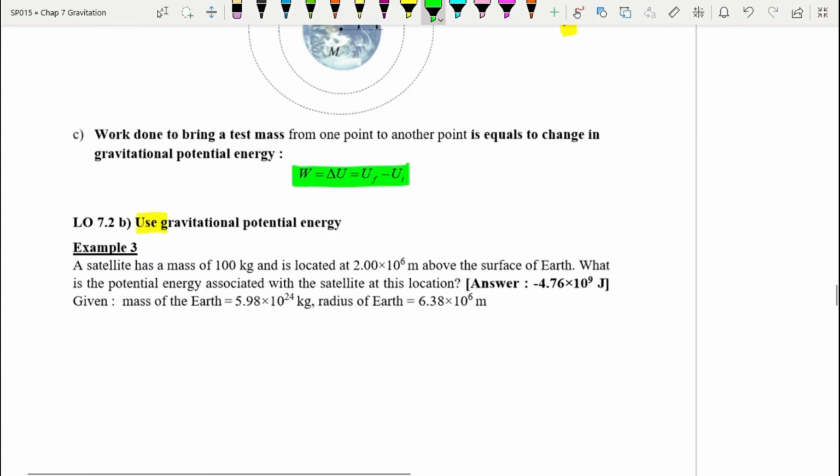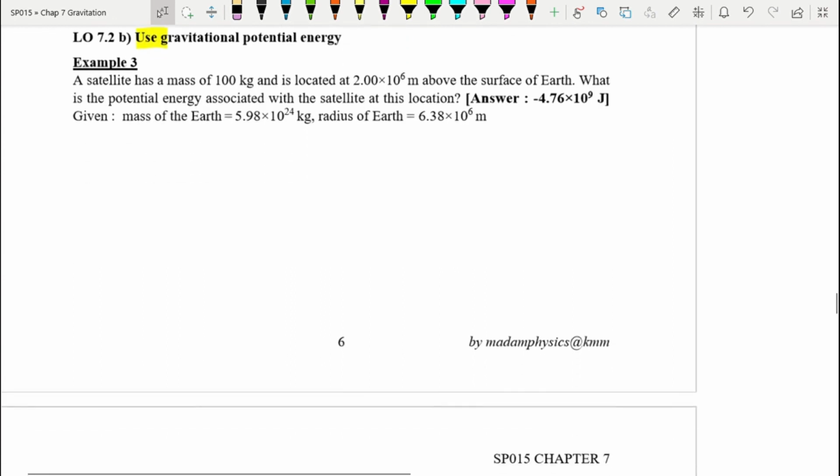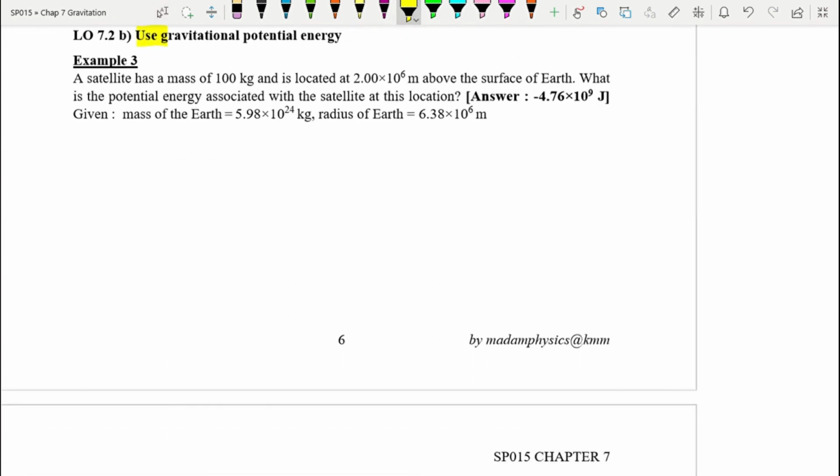Okay, so let's look at example 3. A satellite has a mass 100 kg and is located 2 exponent 6 meter above the surface of the Earth. Kita lukis sikit lah. Kita ada satellite around a surface of the Earth. Ni Earth, 2 exponent 6 meter from ni satellite.